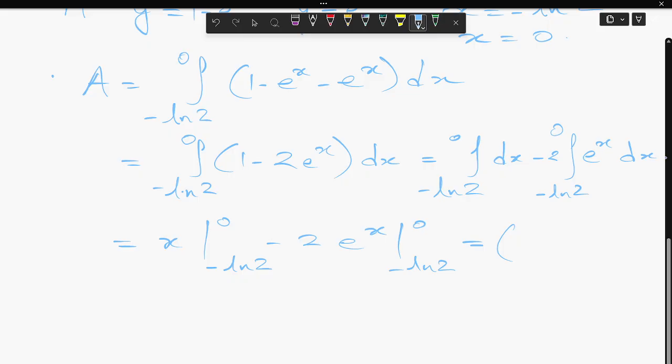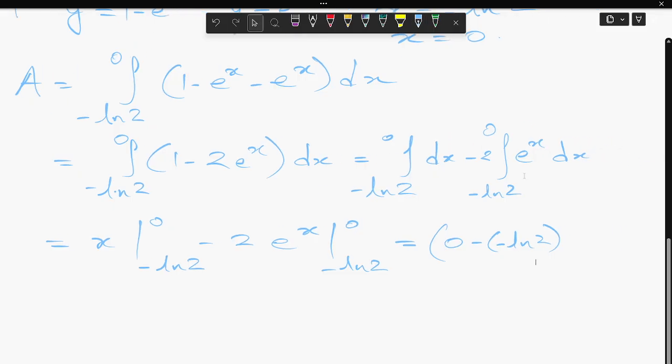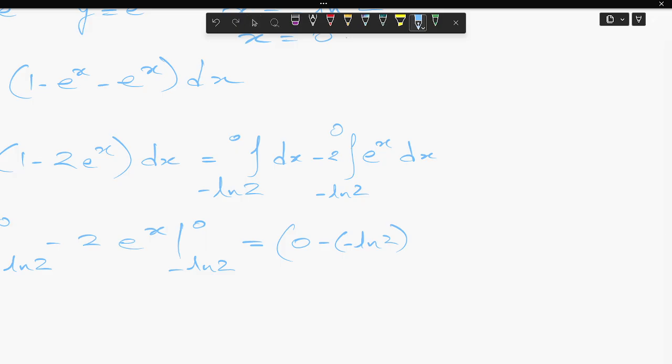So that is 0 minus of minus ln 2, minus 2 into (e to the power 0 minus e to the power minus ln 2).